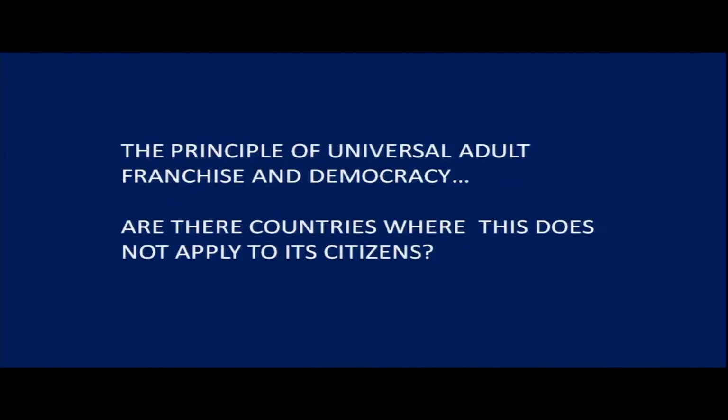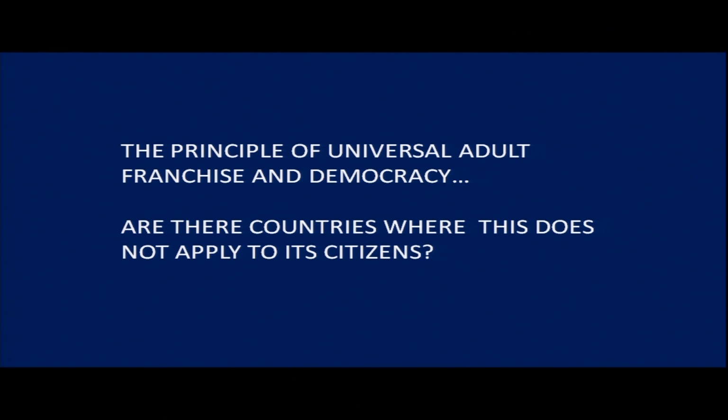Here, the most important principle of democracy comes into play, which is universal adult franchise. We already know in the previous chapter what universal adult franchise is. Just to refresh you a little, it is giving voting rights to all adults.